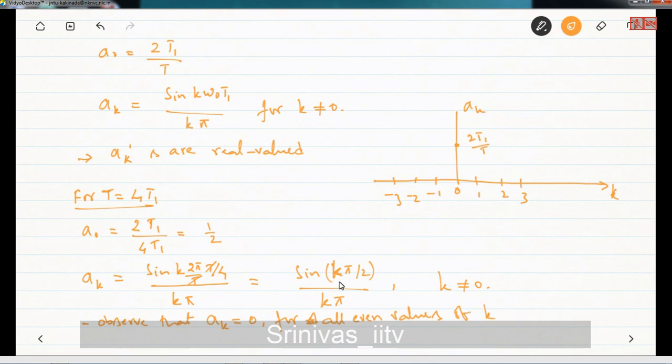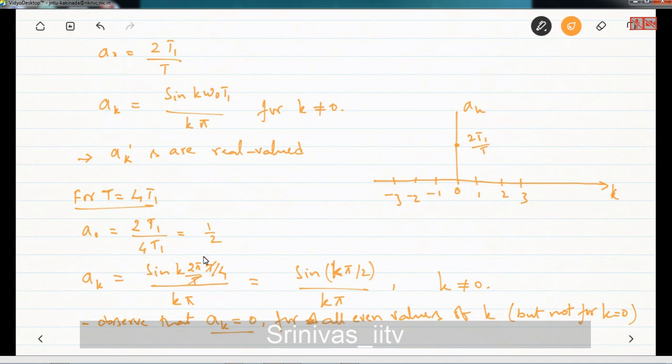So here, if k becomes an even number, say n, then this will be sin n pi, and sin n pi will be 0. So ak equal to 0 for all even values of k, but not for k equal to 0, right? Because 0 is also considered an even number. But a0 is equal to half, which is not equal to 0, right?